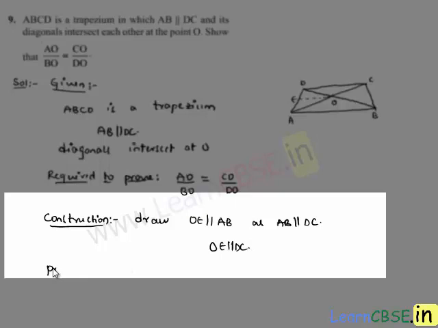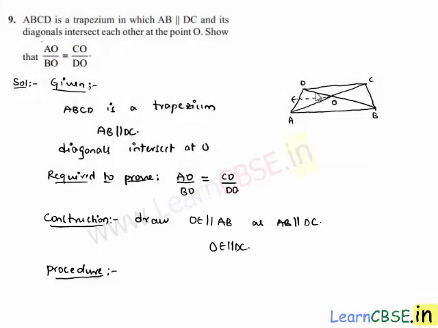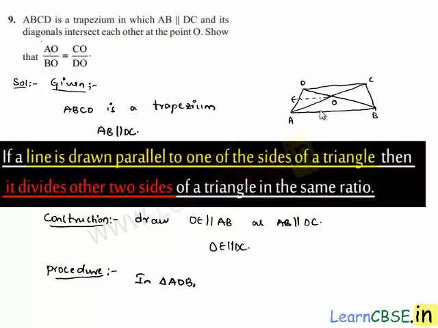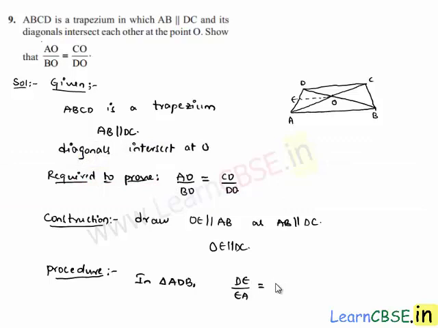Now moving on to the procedure. If we consider the triangle ADB, as OE is parallel to AB, by applying the basic proportionality theorem, we can say that DE by EA is equal to OD by OB.